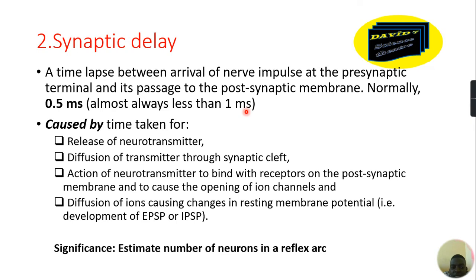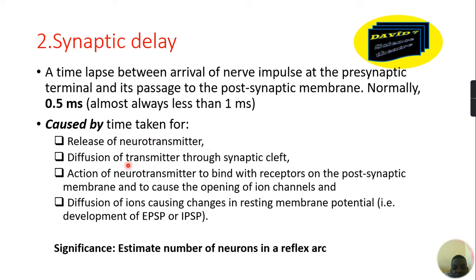And the causes for synaptic delay, there are basically four here. One is the time taken for release of the neurotransmitter by the vesicles fusing. So that release, exocytosis, is one.